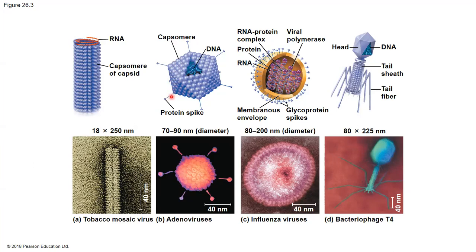Some capsids also have protruding proteins called spike proteins. Usually these spike proteins allow the virus to bind on the surface of the host cell. This is an example of an enveloped virus. So here we have the genetic material of the virus. As you can see, it consists of segments of RNA.